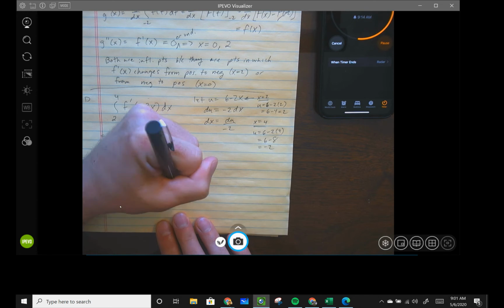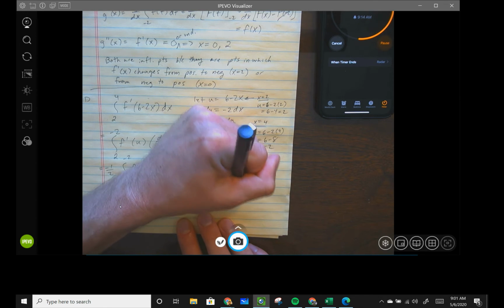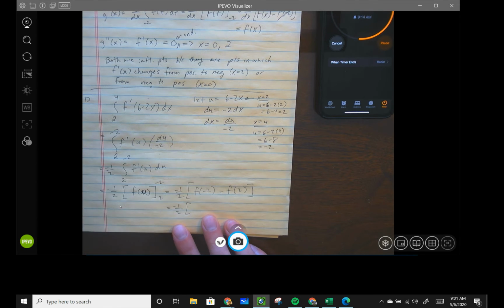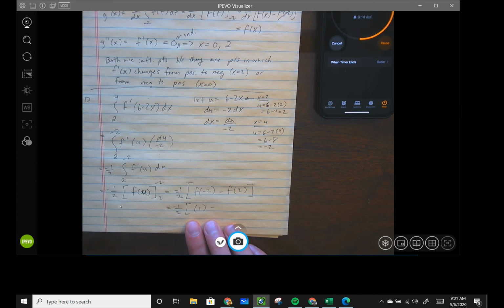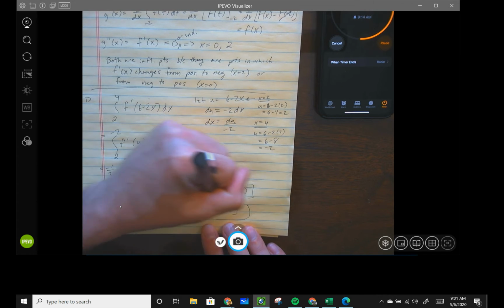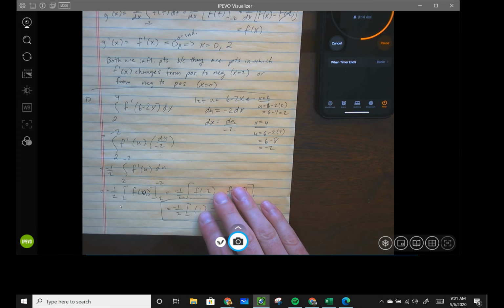So it's -1/2 times f of -2 minus f of 2, and that's -1/2 times 1 minus 3. That's a value that my calculator can do, so I don't have to. I'm moving on. So far, pretty smooth.